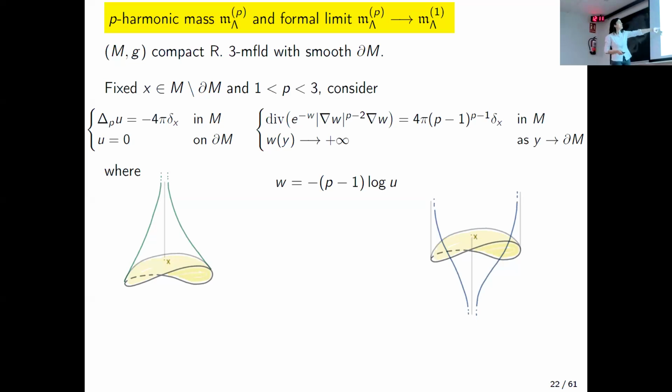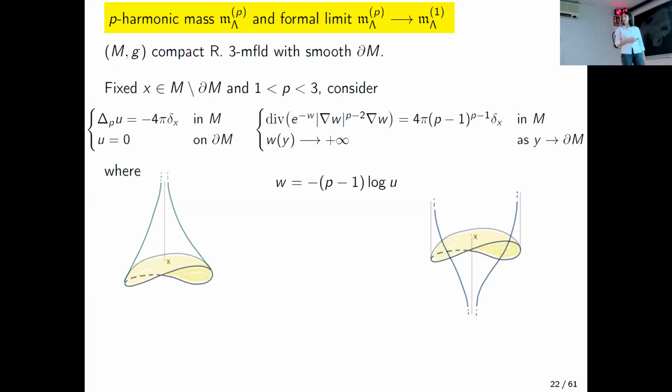Now, in this manifold, we pick a point x, and we define on it the p harmonic function, actually this p Green's function, with 0 Dirichlet value. This is just a schematic picture of the Green's function, and it's also very important to associate to it, and I will recall later why it is also important for the existence of the inverse mean curvature flow, this function associated with the p harmonic function.